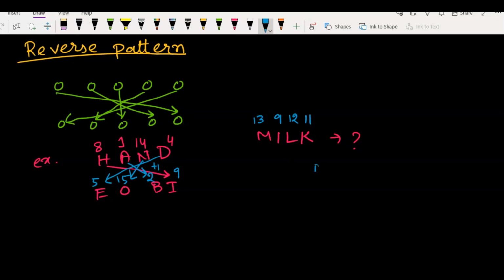So 13 plus 1 is 14, 14 means N. Then I, 9, will become 10, J. Then 12 will become 13, that is M, and 11 will become 12. So that is L. So the coding is LMJN. So this is the example of reverse pattern.